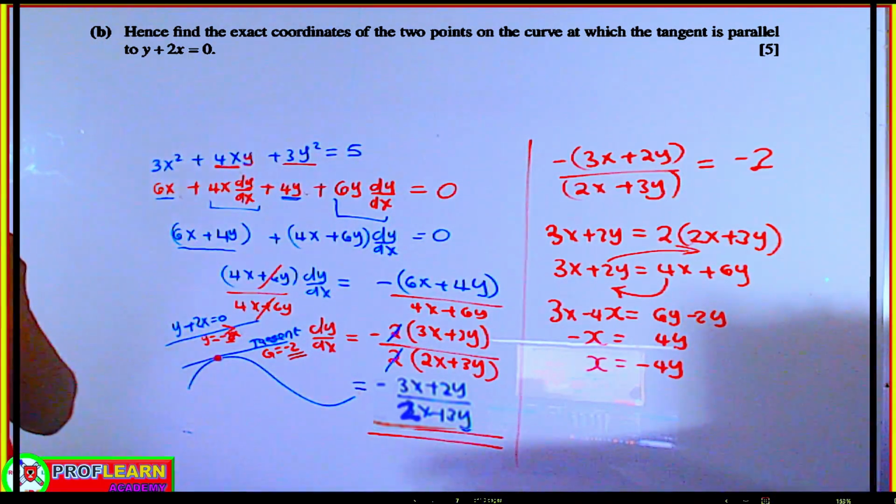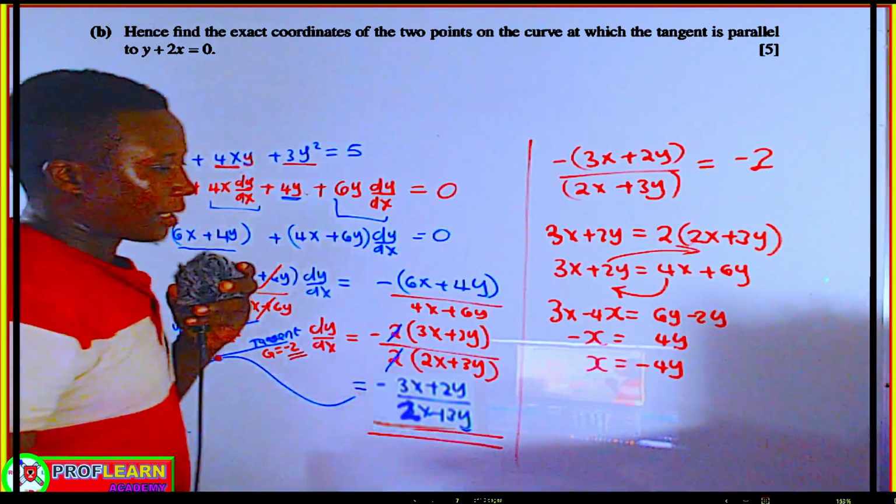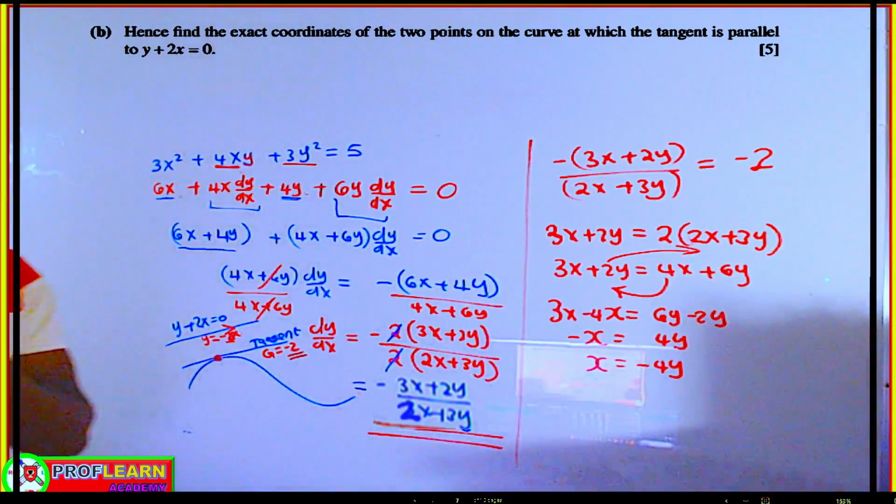Now we can substitute whatever we have into the original equation so that we can get the values. We have x equals negative 4y.